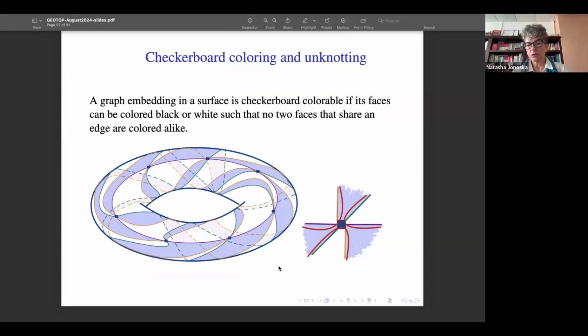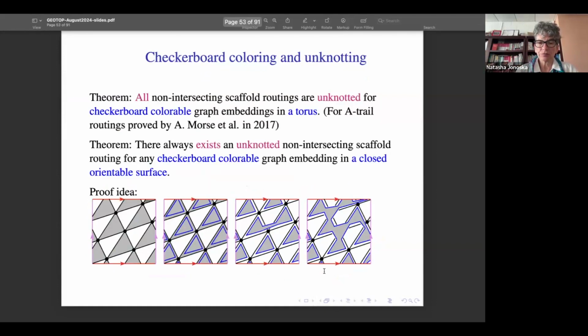And this A trail makes sure that we have an unknotted structure. So this embedding of K7 on the torus is producing an unknotted, I guess, traversal of the graph.